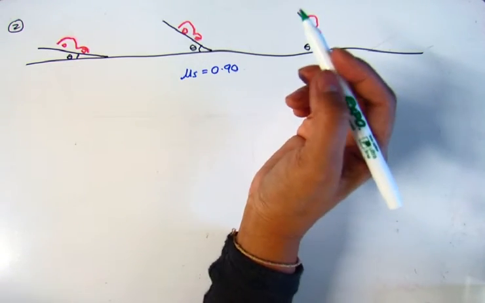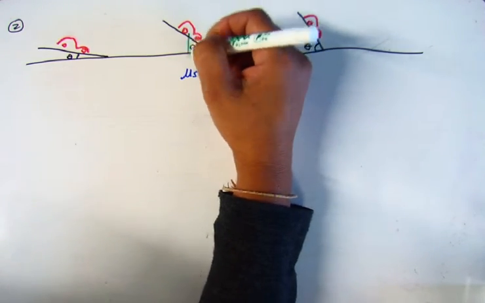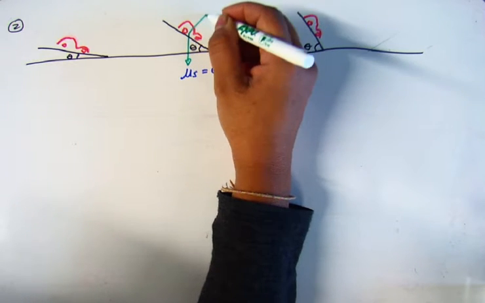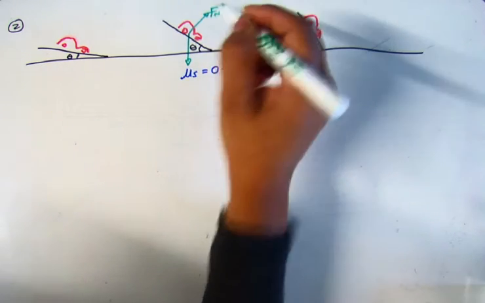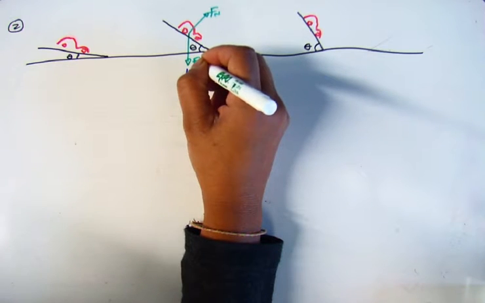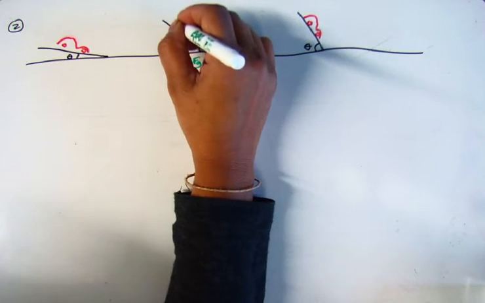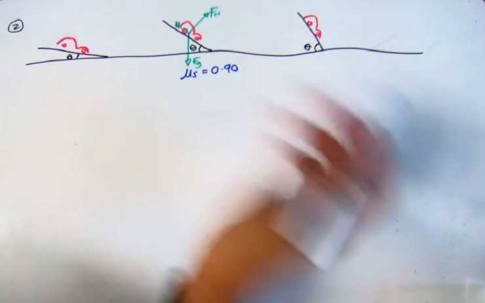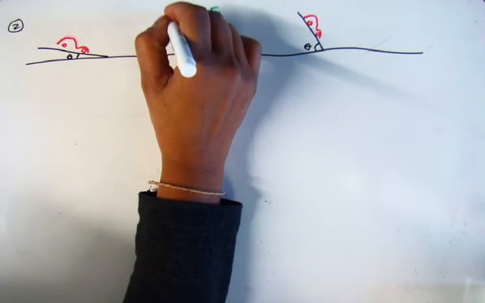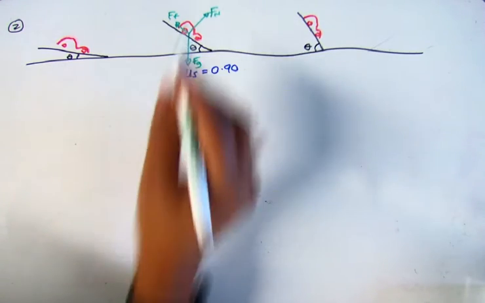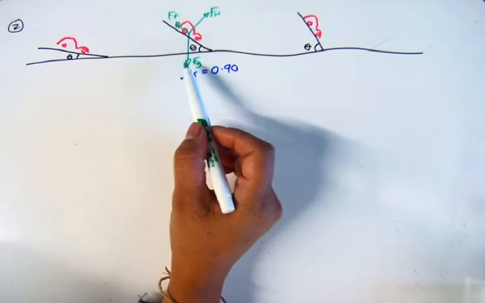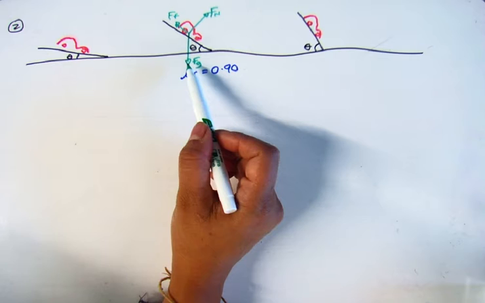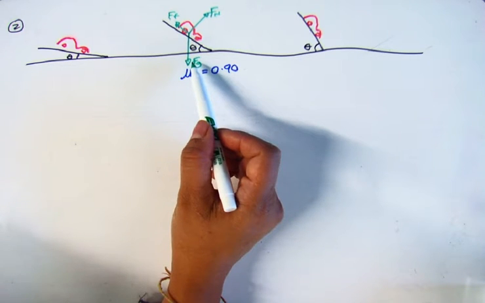The forces acting on the car are the same: gravity acting straight down, the normal force perpendicular, and we know there has to be friction because otherwise it would be accelerating for sure. We know it's at rest. So that's my force of friction, my force of gravity, my normal force. Interesting to note that they're the same three forces as in the previous problem with the kid on the toboggan.